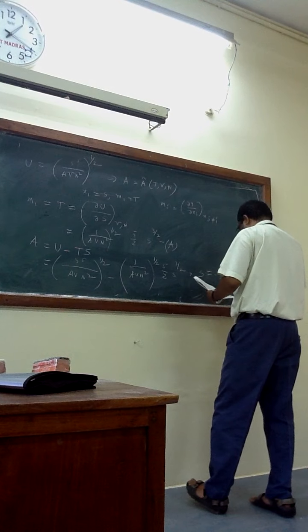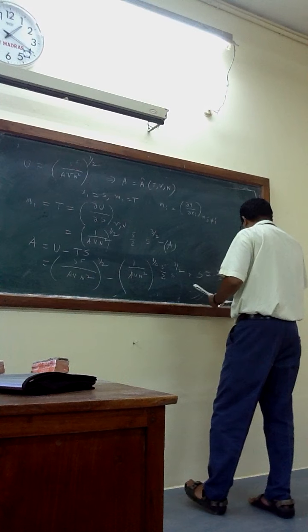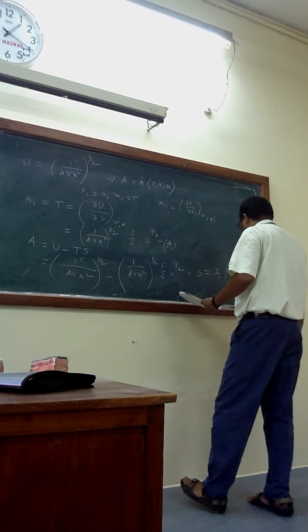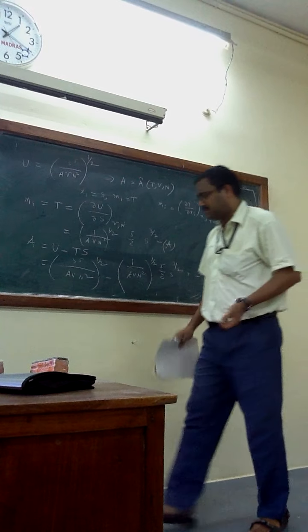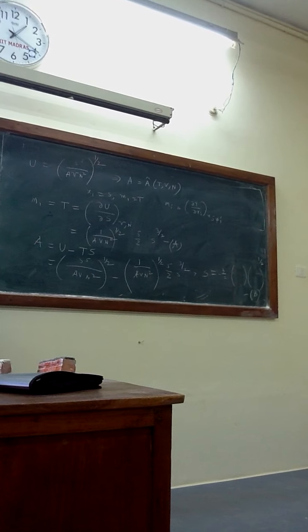Collect the terms such that you can actually visualize nicely. Let's say this is equation number B. Give me the answer.